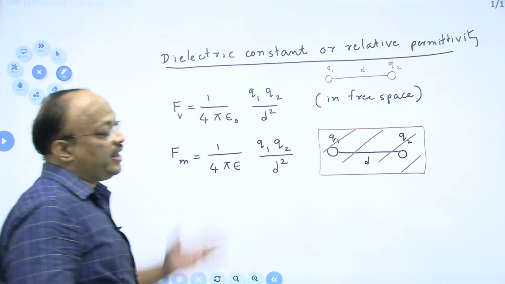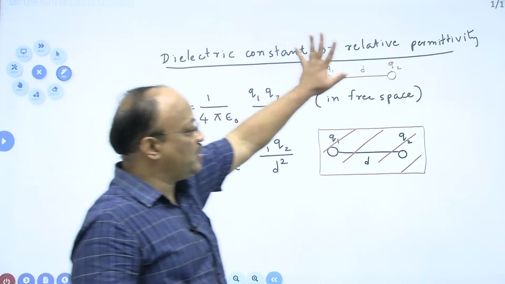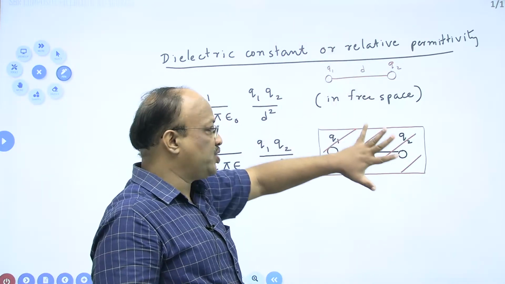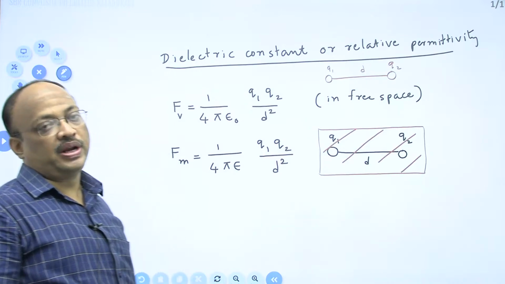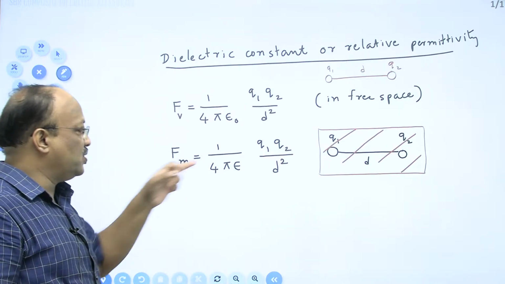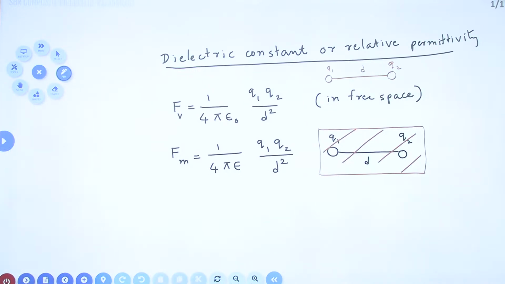This is placed in vacuum. This is placed in medium. So then this will be 1 by 4 pi epsilon q1 q2 by d square.